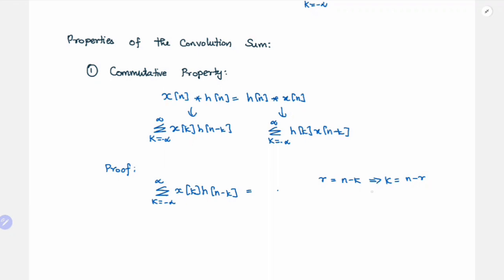And what happens to my summation? k equal to infinity means r is equal to minus infinity, and k equal to minus infinity means r is equal to infinity.